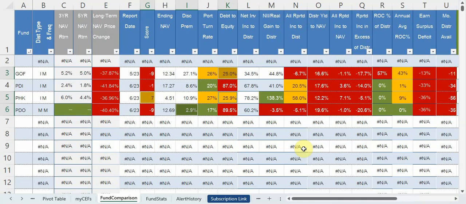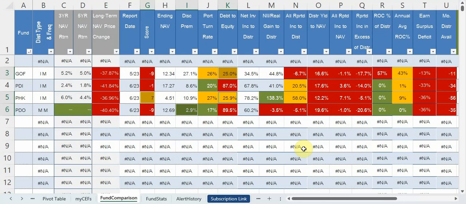In the column next to that, you have the net investment income plus realized gains to distribution. Another interesting statistic is that between 11 and 14% of funds cover their distributions for the periods with the combination of net investment income and realized gains.